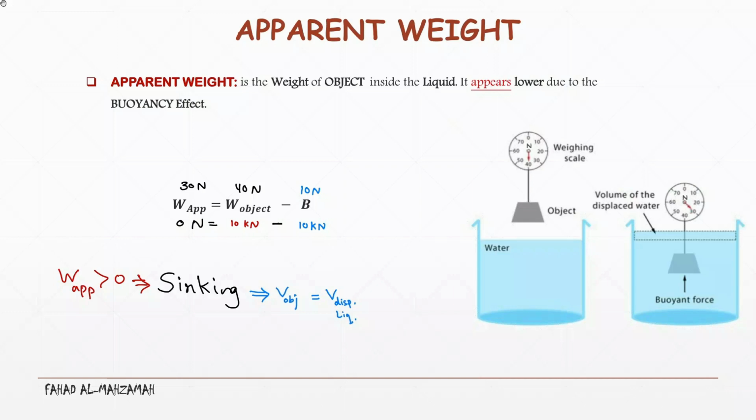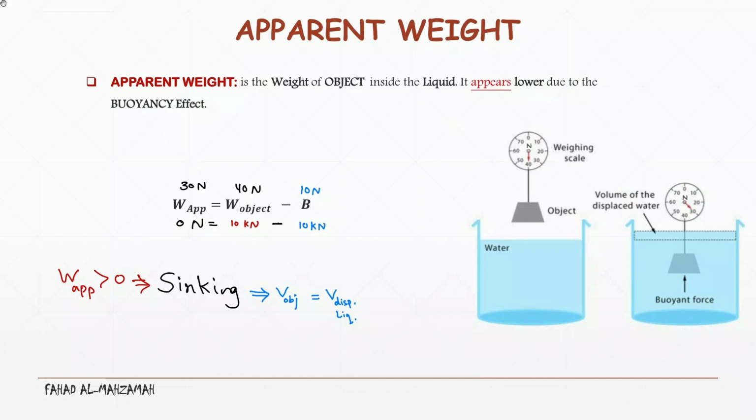That's why it will displace the same volume of the object. So the volume of the displaced liquid will be the same as the volume of the object. And since the object is sinking, there will be something called apparent weight.